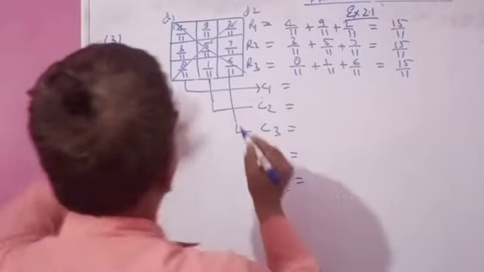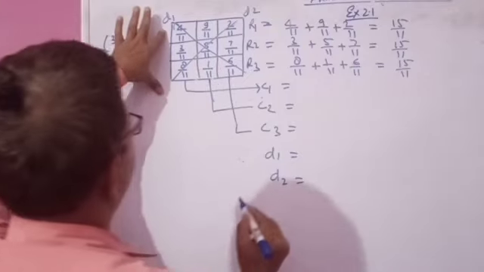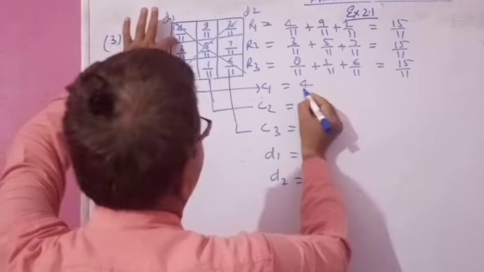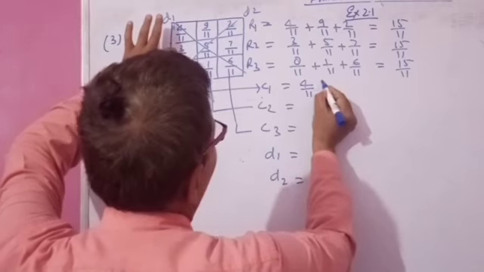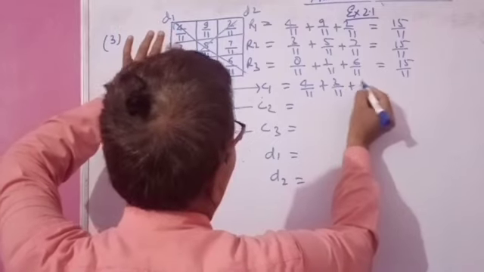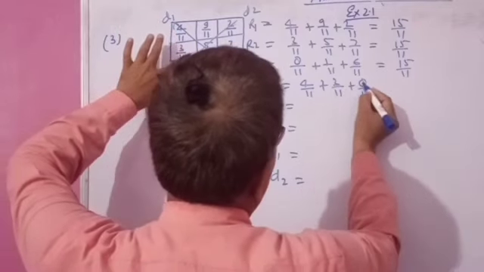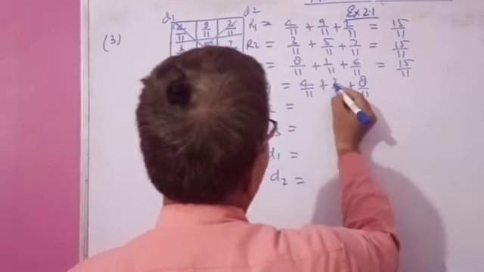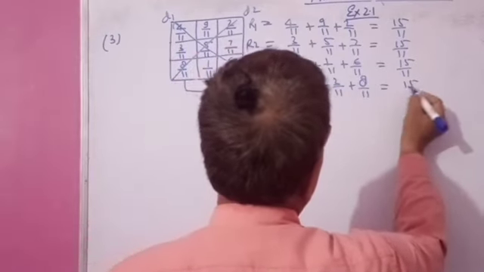Now you will check whether the column sums are the same or not. C1: 4 upon 11 plus 3 upon 11 plus 8 upon 11. 8 plus 4 is 12, plus 3 is 15 upon 11.